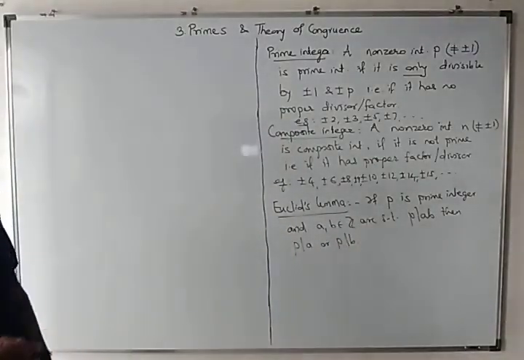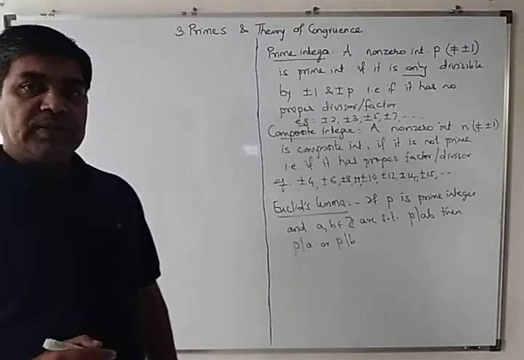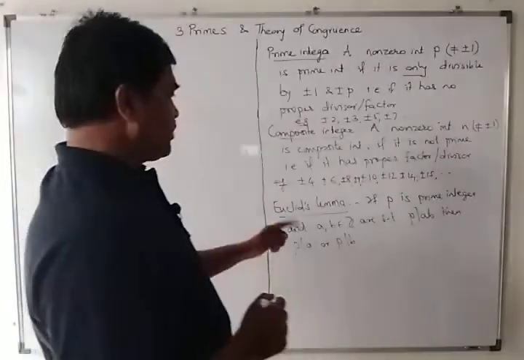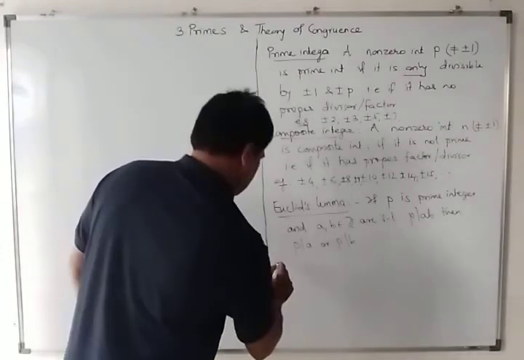If a prime integer divides the product of two integers, then it must divide one among them. So, proof.